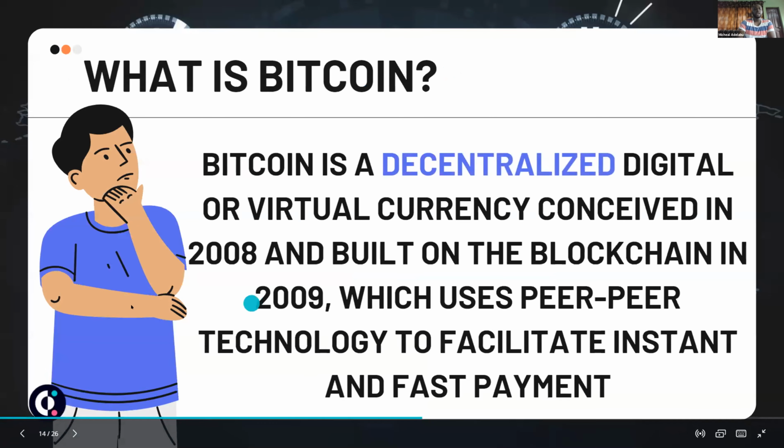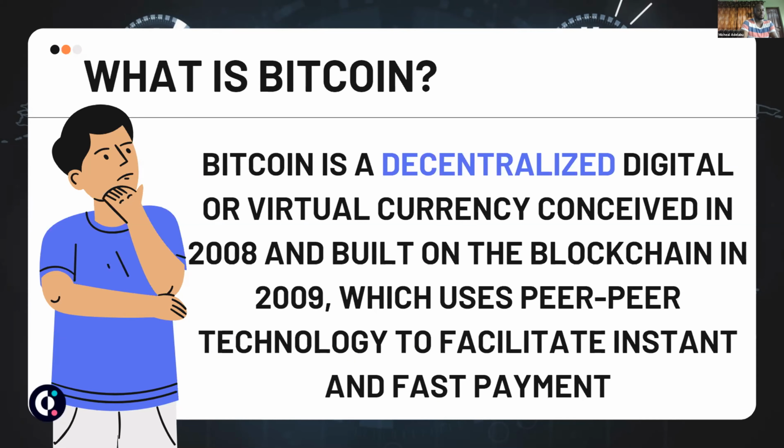Now, as we have learned what blockchain is, a brief introduction to the first currency on the blockchain. Bitcoin is a decentralized digital or virtual currency conceived in 2008 and built on the blockchain in 2009, which uses peer-to-peer technology to facilitate instant and fast payments.